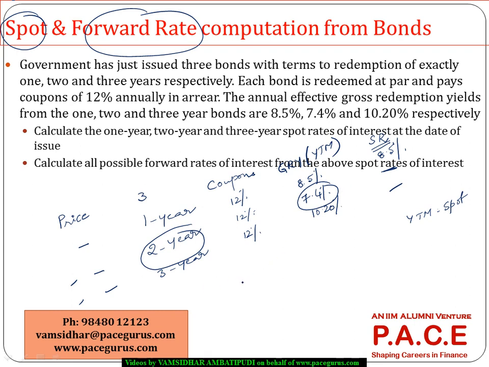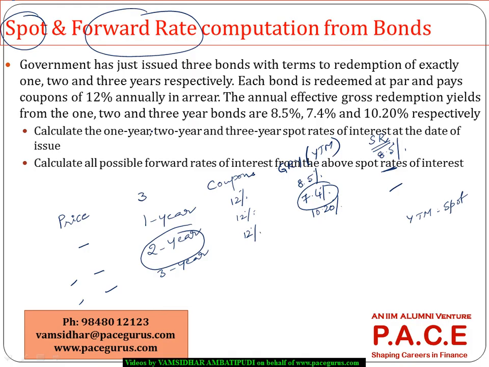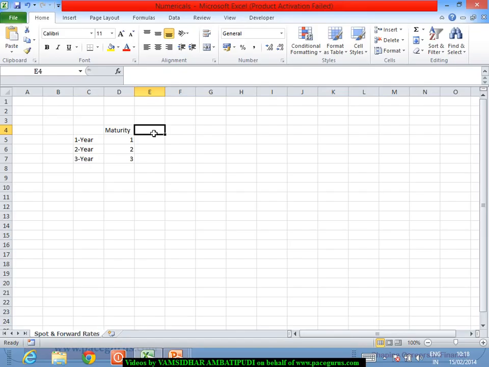We can put the same into a spreadsheet to start with. So we have the scenario of a 1-year bond, a 2-year bond, and a 3-year bond. The maturity periods are 1 year, 2 years, and 3 years.